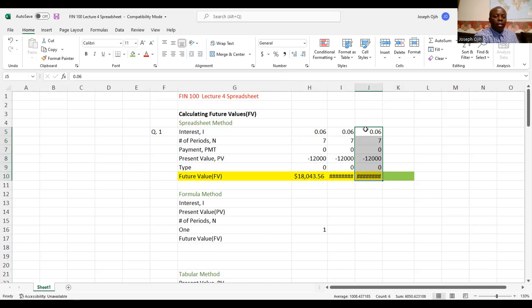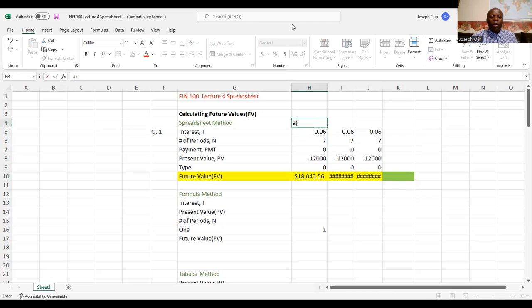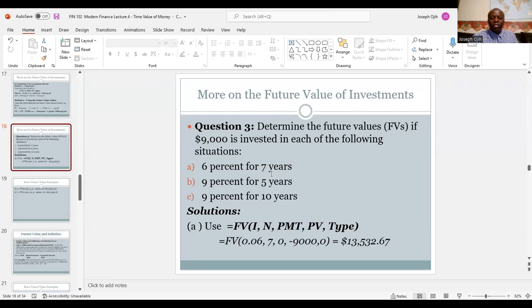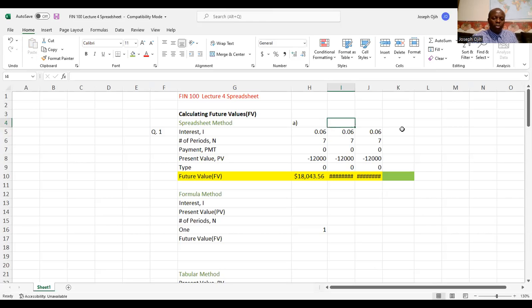Now this is part A. For part A of this question, it is 6% and 7 years, and the amount is 9,000. So doing it in Excel, we'll do part A first.